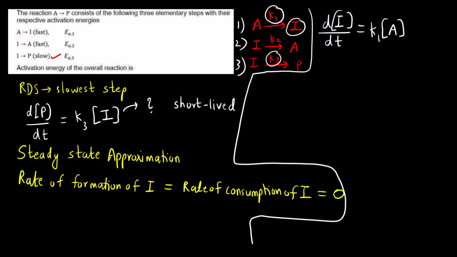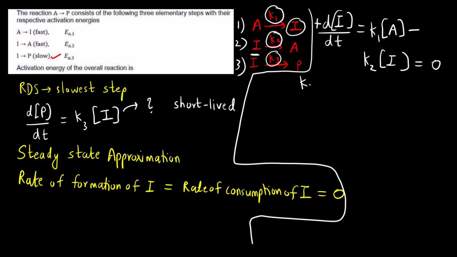Now, in any other step is the intermediate getting formed? No. In the second step it is getting decomposed or consumed. Plus means rate of formation, so for decomposition we add a minus sign: minus the rate constant for the second equation, K2, into the reactant I. So rate of formation minus rate of decomposition is equal to 0.